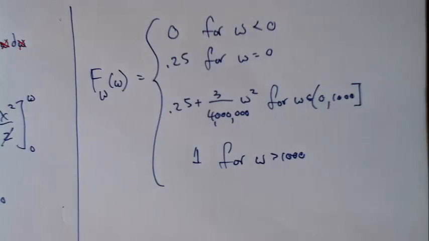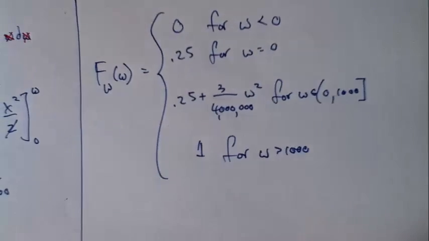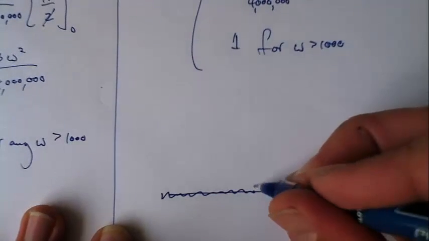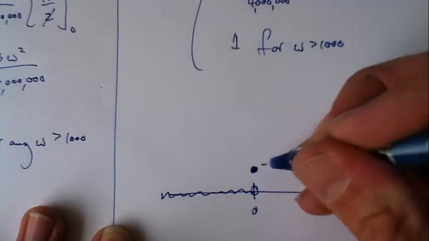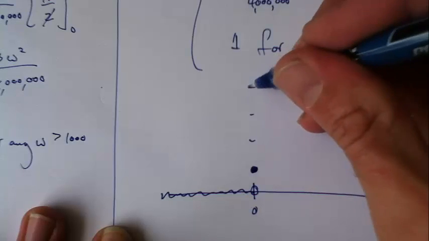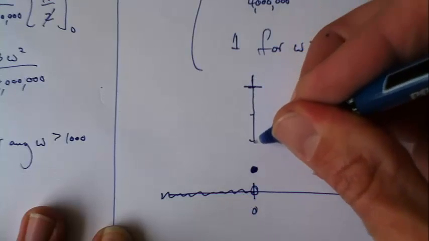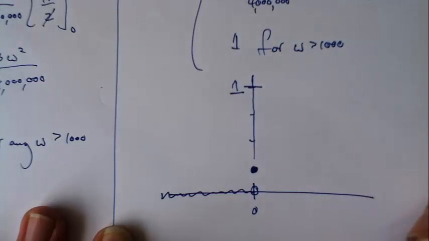Okay, let's graph this guy. It's 0 down here, and then at 0 it suddenly jumps up to a quarter.